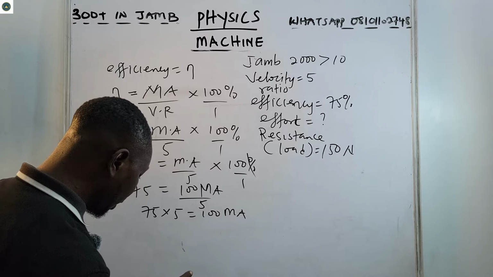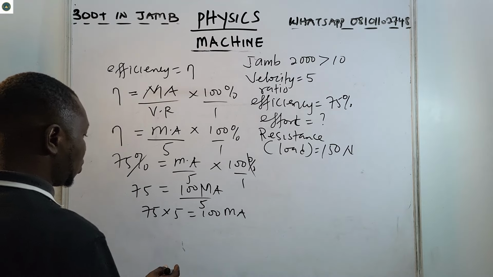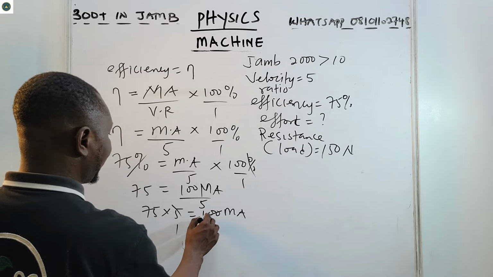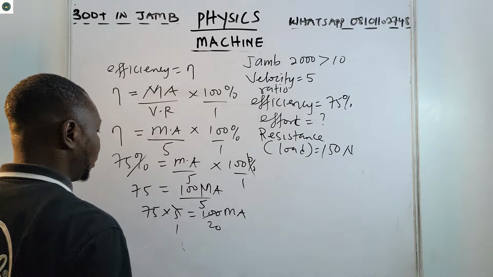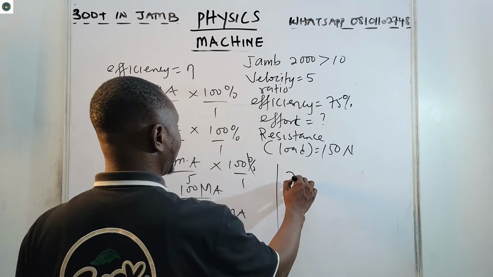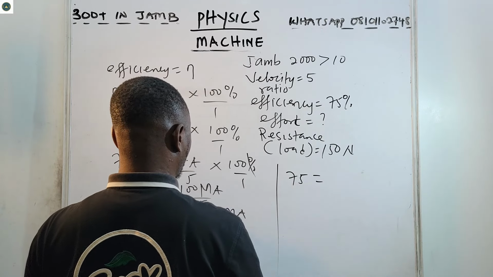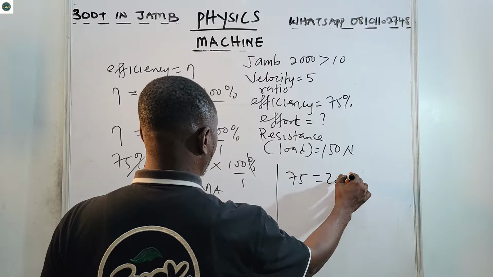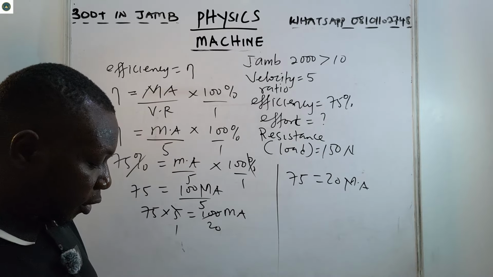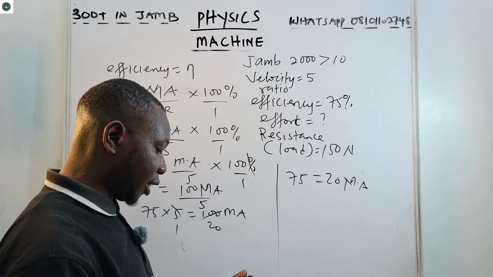Okay? Now, we know that 100 over 5 is 20. So we're now left with 75 equals 20 MA.